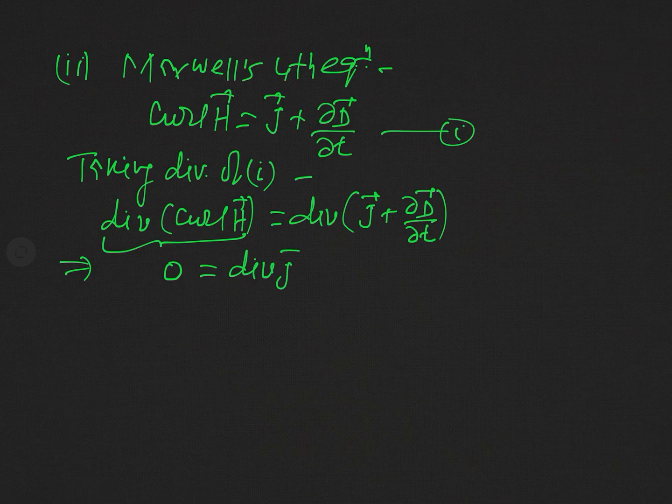RHS can be written as divergence J plus divergence of del D by del T. And as we have already studied just now, these operators, the divergence operator and the del T operator, are interchangeable.